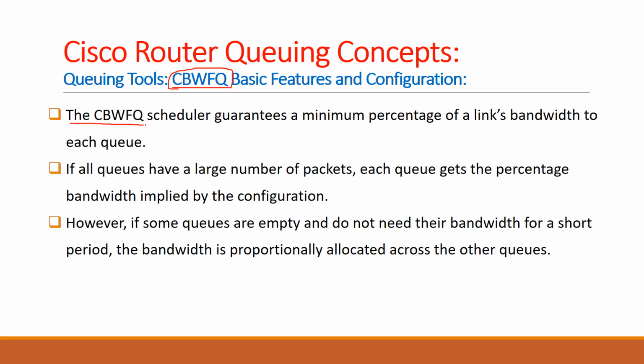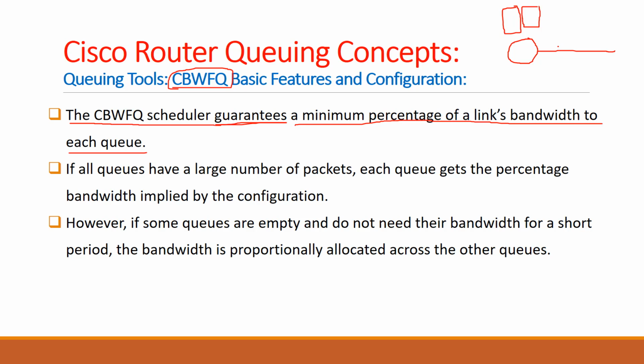The class-based weighted fair queuing scheduler guarantees a minimum percentage of a link's bandwidth to each queue. What does this mean? It means if we have a router here and a serial link and we have different queues here, class-based weighted fair queuing can reserve and guarantee a minimum percentage of the link's bandwidth to each queue.